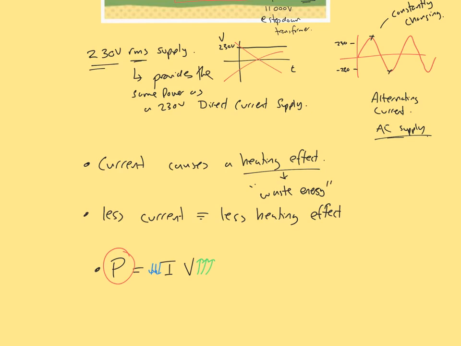So in effect, if you want to deliver the same amount of power at a lower current, you need to provide that at a much higher potential difference in order to have the same amount of power transferred. This also links because a version of the P equals I squared R equation is where this equation actually becomes linked to the power loss and the heating effect.